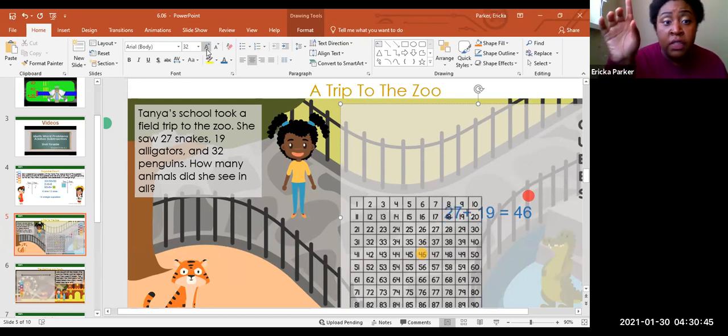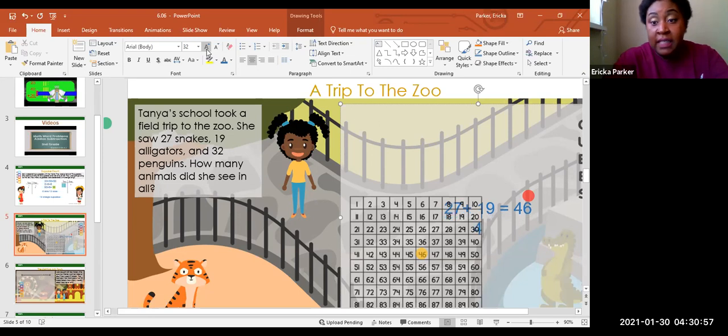Now that we know that there are 27 snakes and 19 alligators, we've got to add that to what? The penguins. So now we need to look at 46 plus 32. Okay, so let's take a look here. You remember our method that we used before? We go by tens to get to our next number.